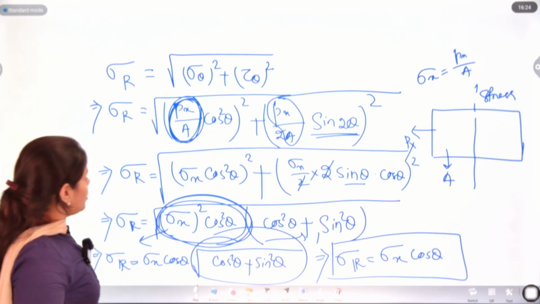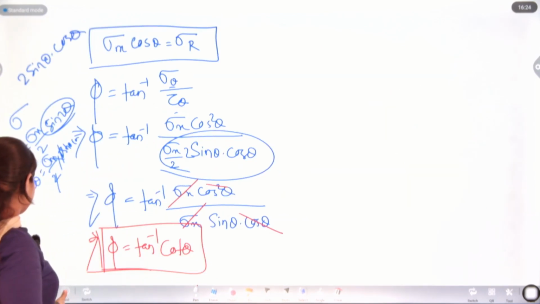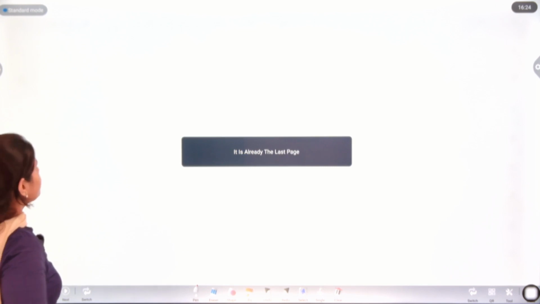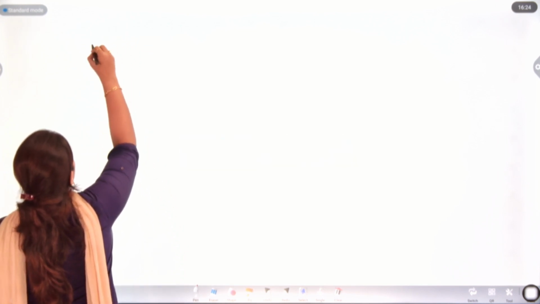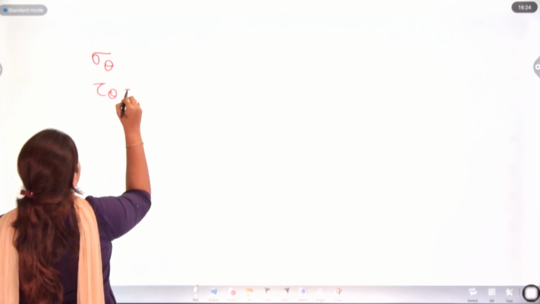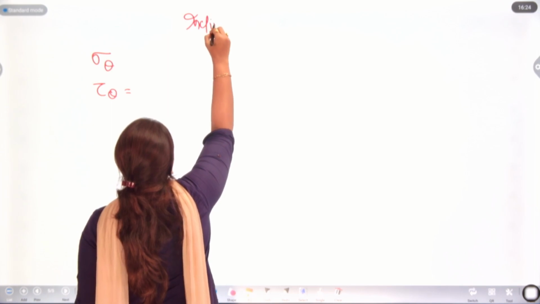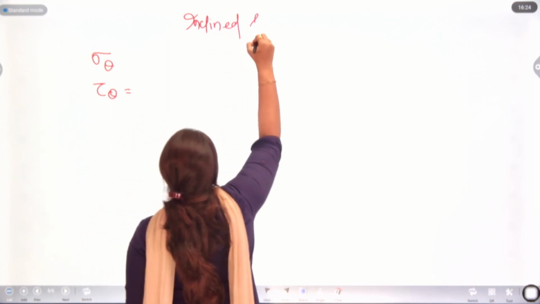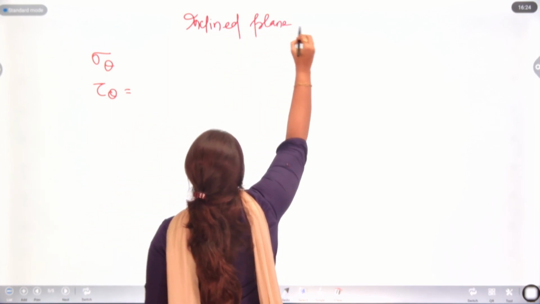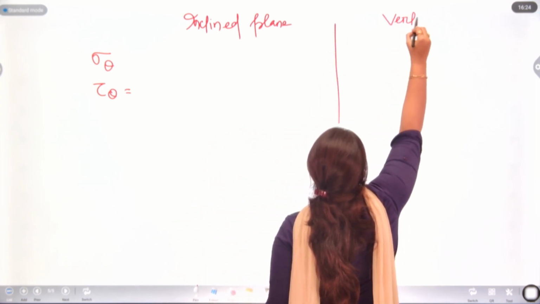So here we have the resultant stress. Now we have the values of sigma theta and tau theta for the inclined plane and also for the vertical plane.